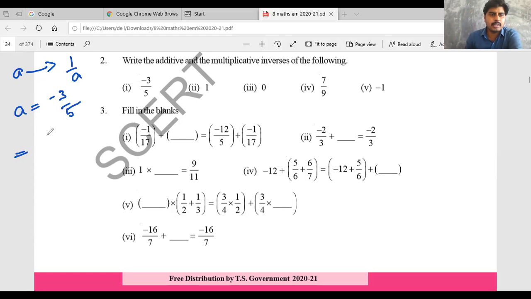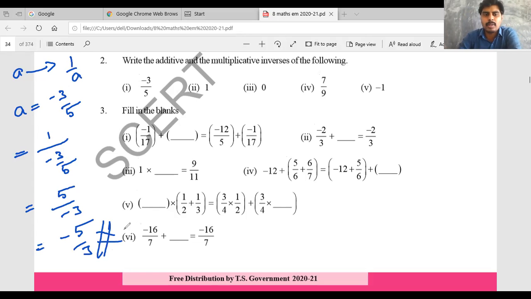Then what is 1 by A? 1 by minus 3 by 5, which is nothing but 5 by minus 3, which gives us minus 5 by 3 as the answer. So the multiplicative inverse of minus 3 by 5 is minus 5 by 3. Did you get that? Is it clear? Right, next.